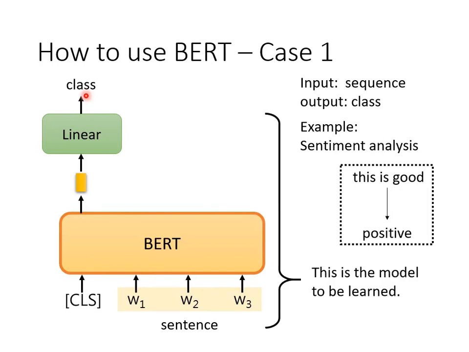However, in practice, you must have the labeled data for your downstream tasks. In other words, BERT has no way to solve sentiment analysis problems from scratch. You still have to provide BERT some labeled data. You need to provide it a lot of sentences and their positive or negative labels to train this BERT model.